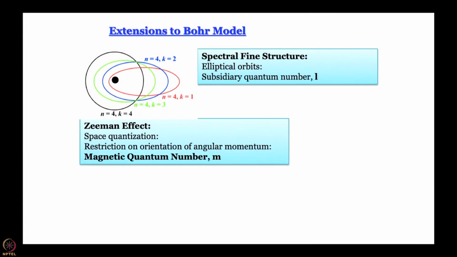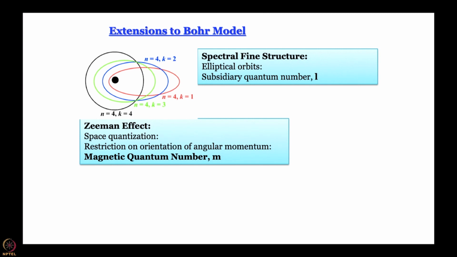So, from Zeeman effect, the idea that came is that for a given elliptical orbit, let us say k equal to 2 in the diagram that we have shown here, there is more than one orbit for which n is the same, k is the same, so the eccentricity is the same. What is different then? Orientation.